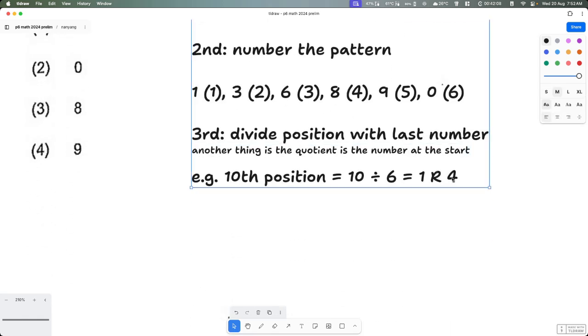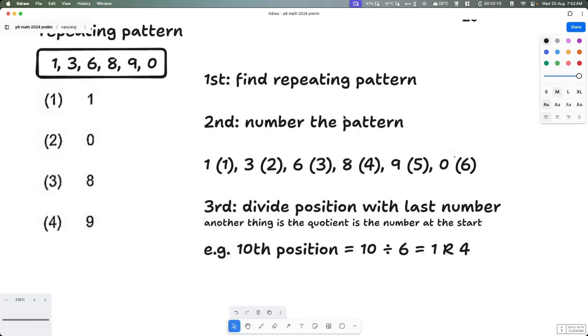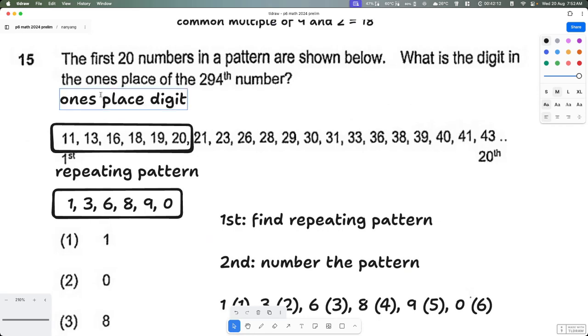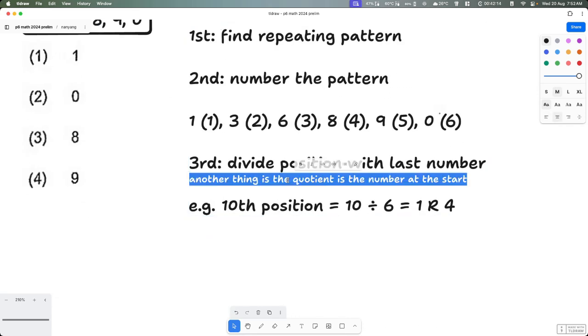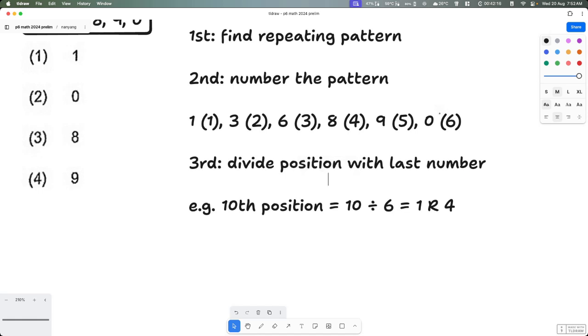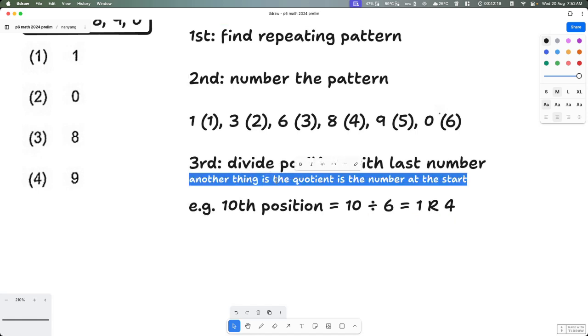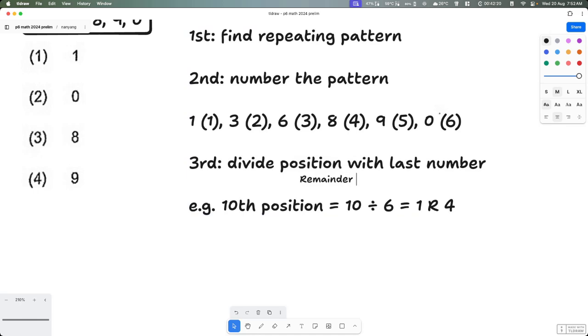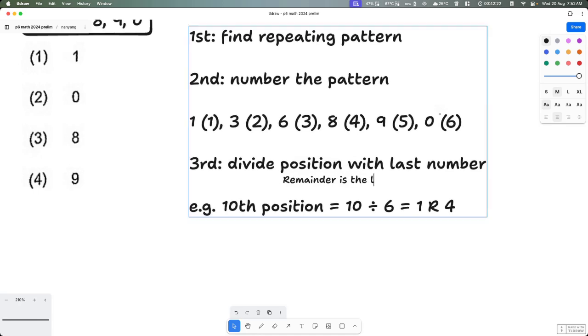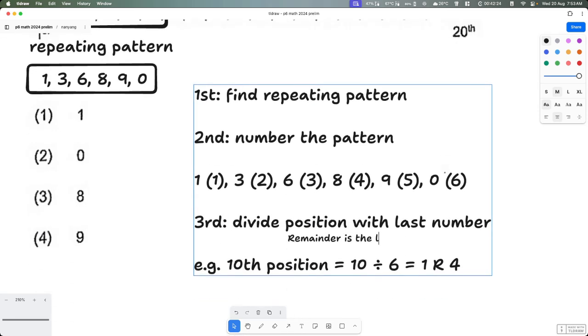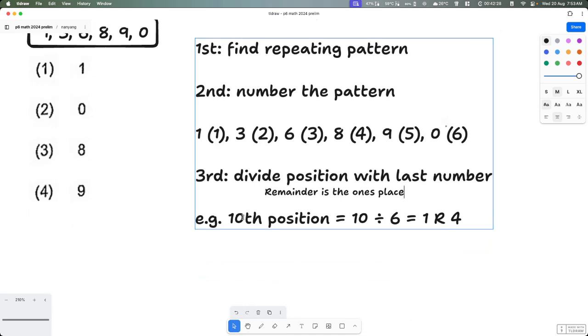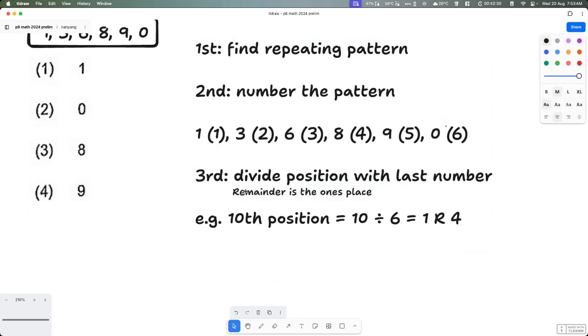So remainder 4 is 8. Actually, no need, because we want to know the ones place. Okay, that's fine. So divide position with last number, and the remainder is the digit, the ones place. Okay. So for that, we then just go for the 294 position.